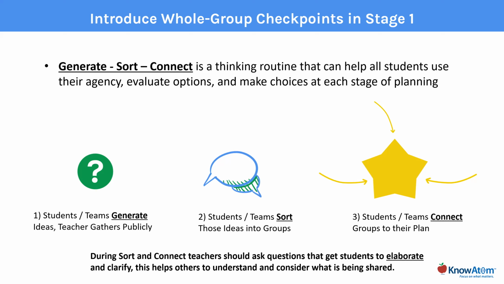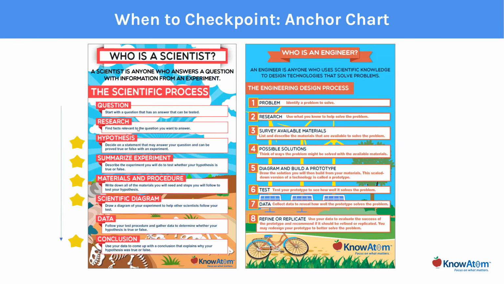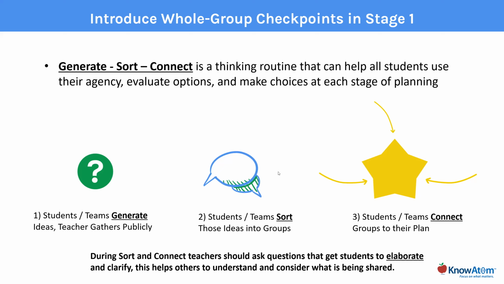And that generate, sort, connect routine, if it's used, let's say whole group, as a way of generating research and then hypotheses and so on, what can happen is that it can be a way of having the whole group synthesize and choose what goes at that point in the plan.